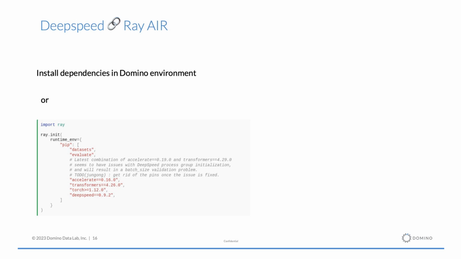You would typically be using different libraries when you're using Ray, and you can either set that up as libraries in your Domino environment, or you can do that at runtime as well. So Ray gives you this init function where you can pass in what libraries you want to install. It's recommended that you do it in a Domino environment, so that way there's reproducibility, auditability, all of those functionalities that you get out of the box with Domino.